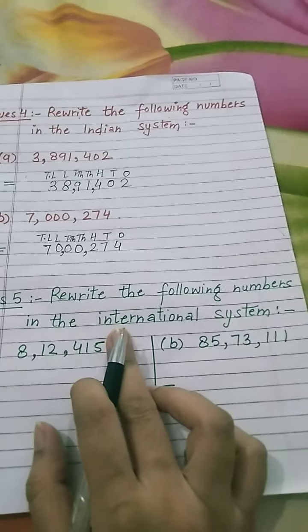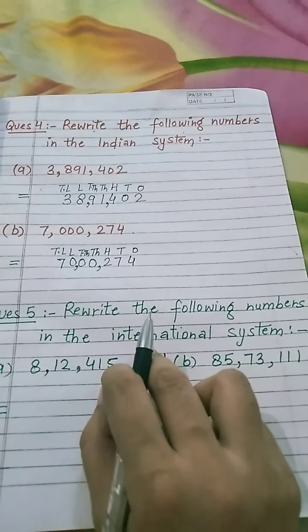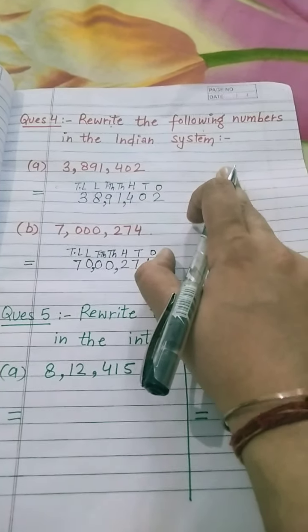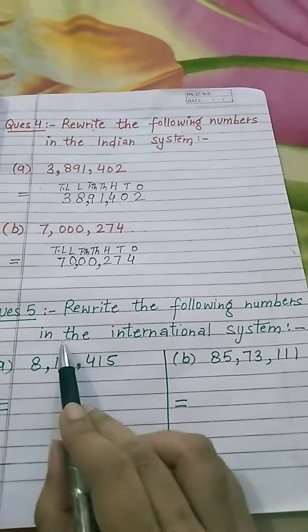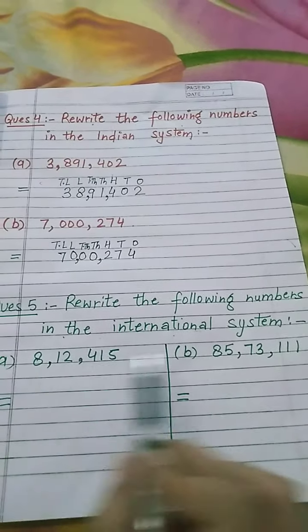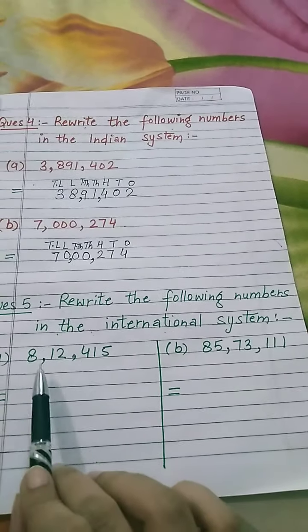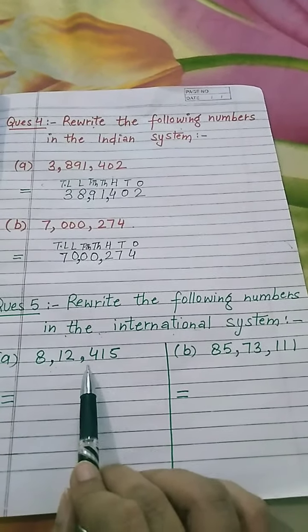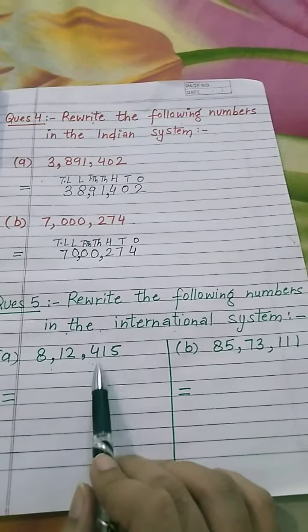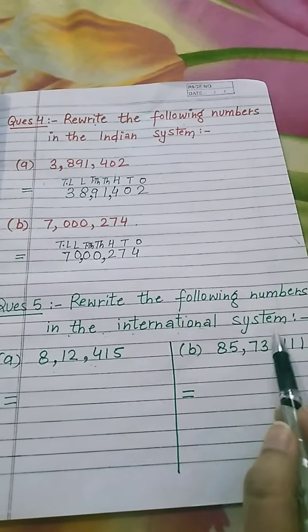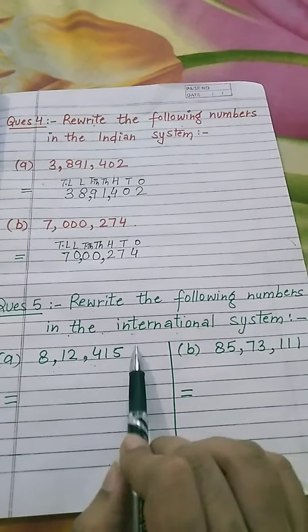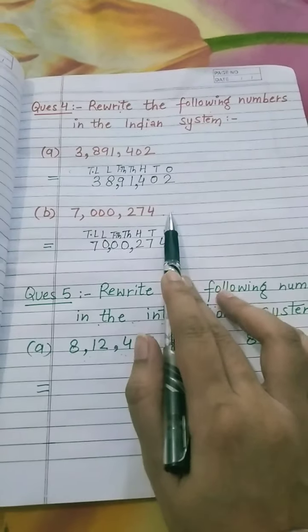Now the second question is just the same as question number 4, but the difference is that in this question you have to write both the numbers according to the international system. As you can see, the numbers given here are according to the Indian system, but you have to convert them according to the international system.